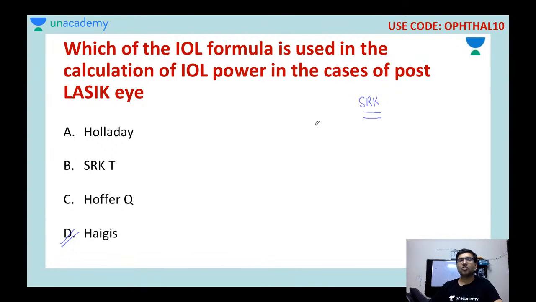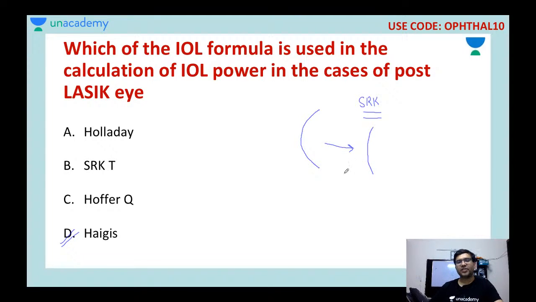If the patient has a post-LASIK eye, first of all, let's say this is the normal corneal curvature and the patient has myopia. So what we do in LASIK surgery is flatten the curvature. So first, we have changed the curvature of the cornea in a LASIK.